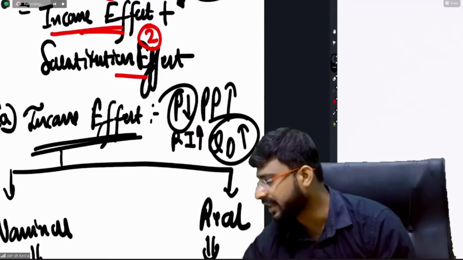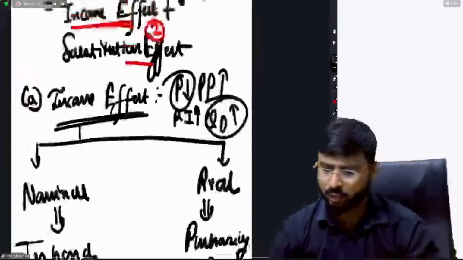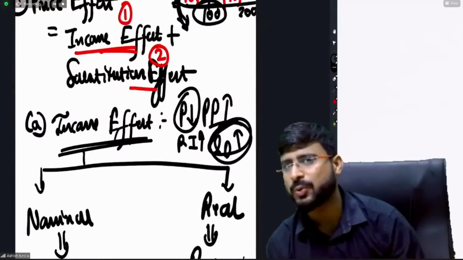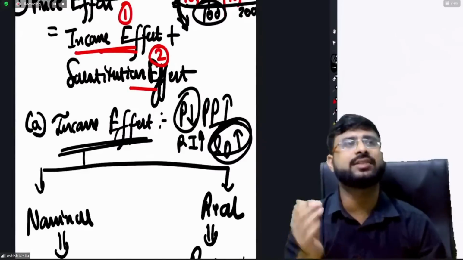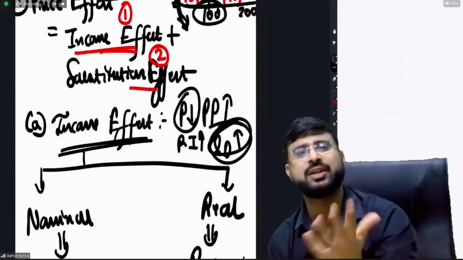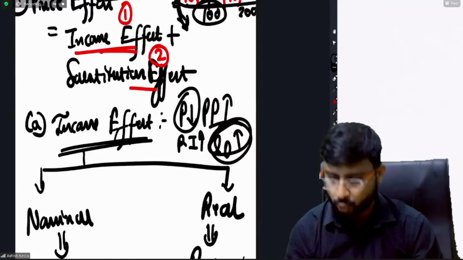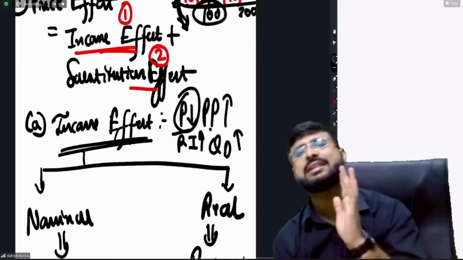I hope it is crystal clear, friends. So, sir, you have explained only that when price falls, quantity rises. I told you, everywhere the conclusion will be the same: if price falls, quantity rises. The method of explaining will be different in all these points. So, everyone, when price reduces, purchasing power increases.